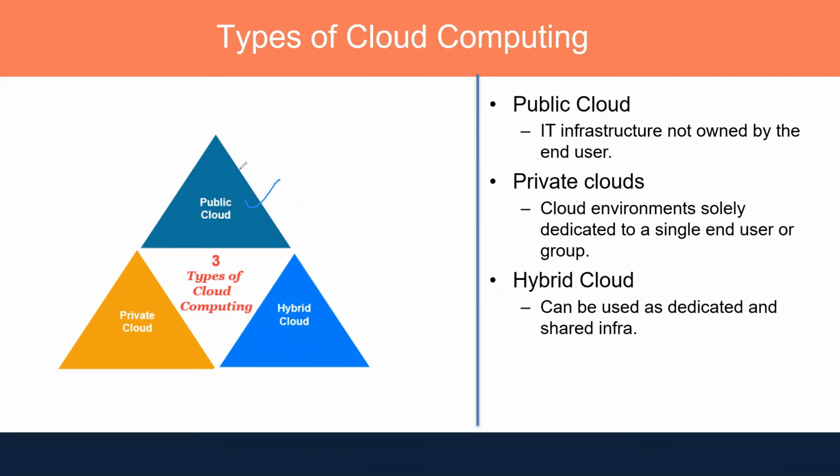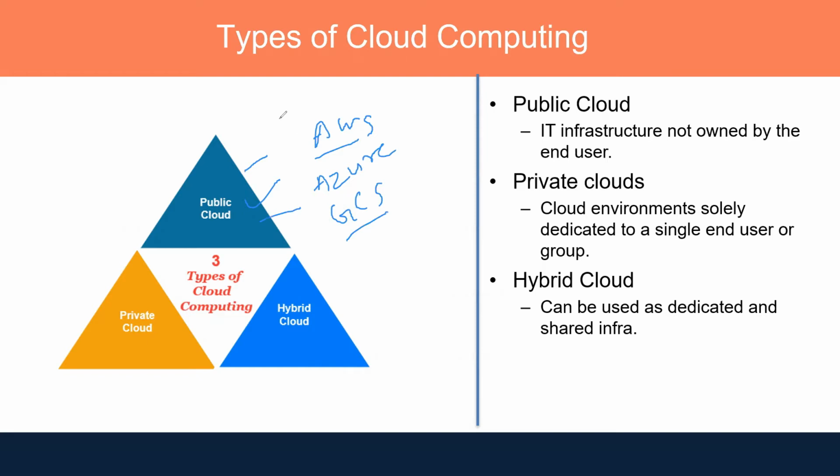You can deploy your resources on the cloud, and I can also go and deploy my resources on that cloud. AWS is an example of the public cloud, or Azure or Google Cloud Services. These are examples of the public cloud.